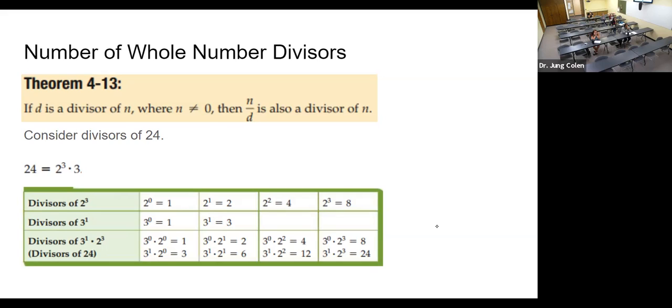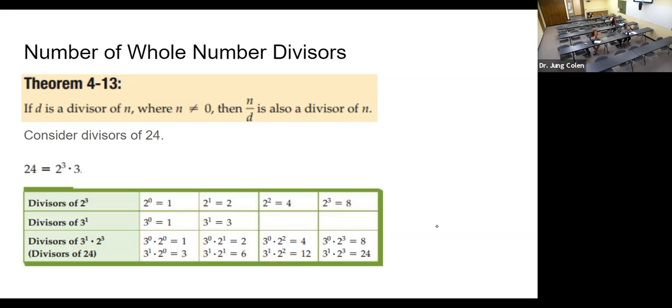Make sense? So for 2 to the 3rd power, how many divisors are there, Sloan? Always 1 more. So there should be not 3, but 4, because we need to count 2 to the 0 power as well. Okay? So 4 of them. For 3, that's the 1st power, so there is always 1 more.